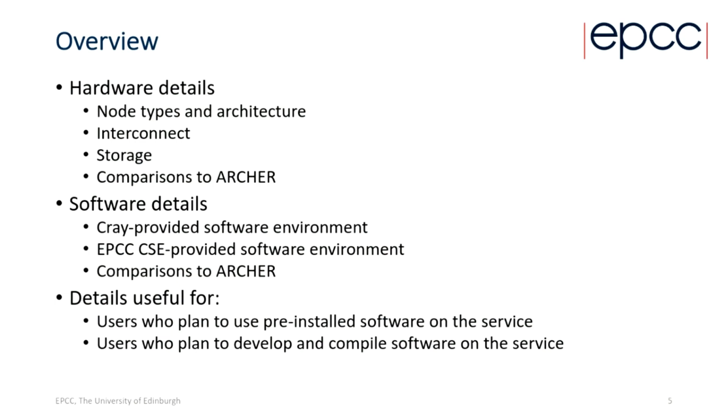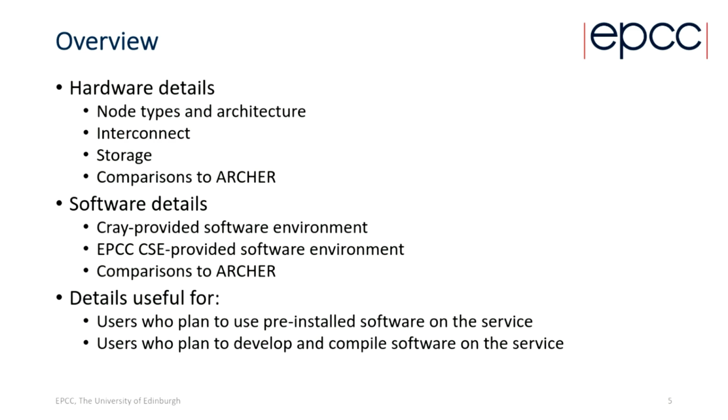Then I'll talk a bit about the software, both the Cray provided software environment, which is the bit that comes along with the system, and the stuff that's going to be provided by the CSE service from EPCC, and again, comparisons to ARCHER. The idea in this presentation was to give details that will be useful for users who plan to use pre-installed software on the service, people who aren't compiling their own applications but still need to know what the service looks like to be able to get the most out of it, and also users who plan to develop and compile their software on the service too, where tuning and cache and what the compilers are in the development environments, debuggers, profilers, those sorts of things are important to them.